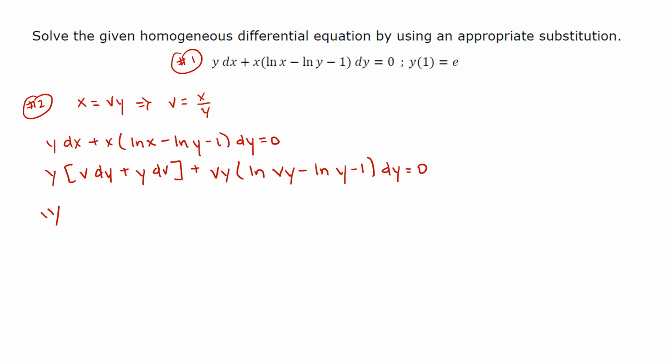So we have vy dy plus y squared dv plus vy. And then the natural log of v times y, we can use the log properties and separate those by addition. So the natural log v, natural log y.